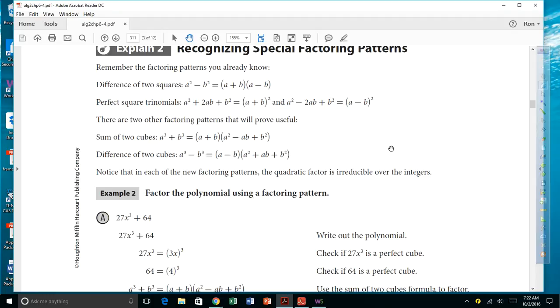The sum of two cubes, a cubed plus b cubed, equals a plus b times a squared minus ab plus b squared, and the difference of two cubes, a cubed minus b cubed, equals a minus b times a squared plus ab plus b squared. Notice that in each of the new factoring patterns, the quadratic factor is irreducible over the integers.